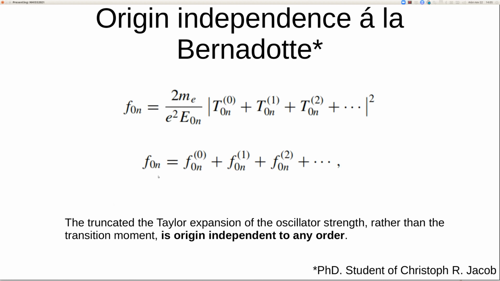And if one does that, one will find out that each of these individual terms are origin independent, given that you use the same representation of the different components you're building it up. And here you might end up in a mess if you're mixing different gauges like velocity and momentum.